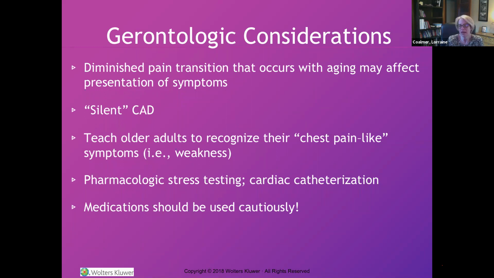So not every cardiologist is an interventionalist. An interventionalist is someone who can intervene while doing the cardiac catheterization. And then definitely medications should be used cautiously. They can react a lot more dramatically than a younger person with medications, so be very careful.